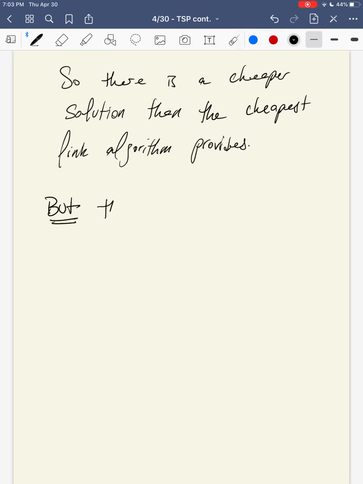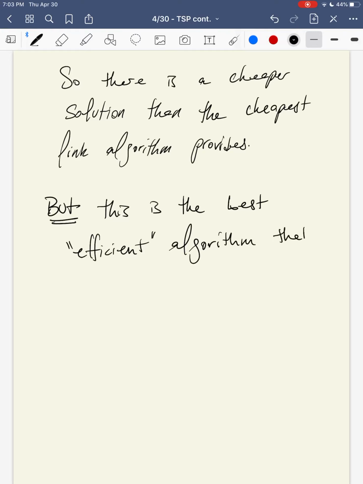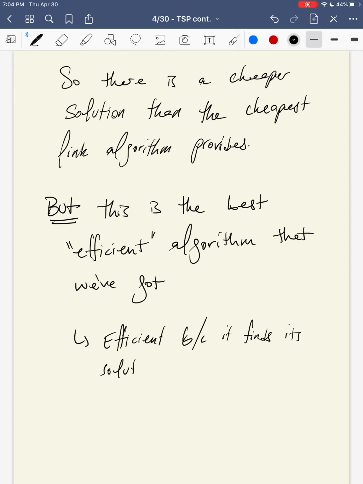I'll make a note, it's efficient because it finds its solution first try, while brute force compares every option.